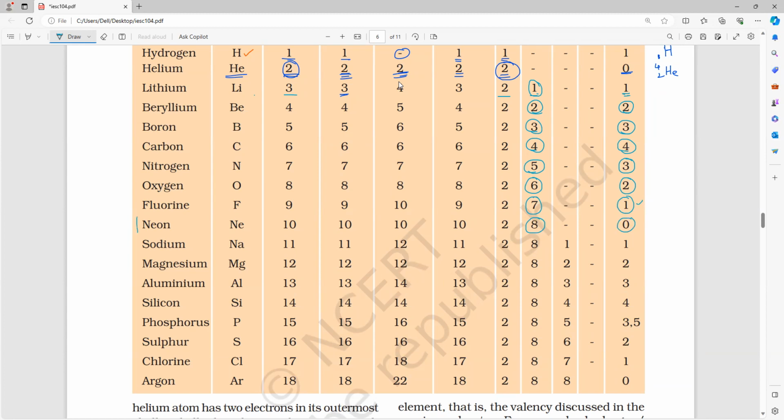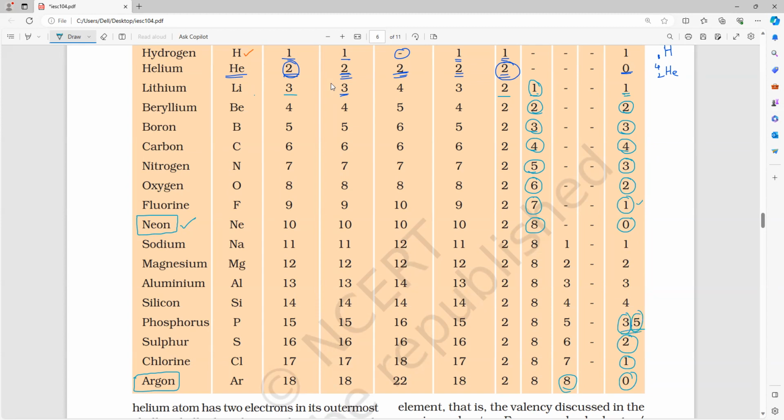That is only, what is that gas? Everybody, check it. Noble gas. What is the name of the gas? Neon. Again argon will come, you can see, again 8. 8 minus 8, 0. 8 minus 7, 1. 8 minus 6, 2. 8 minus 5, 3, and as well as 5.